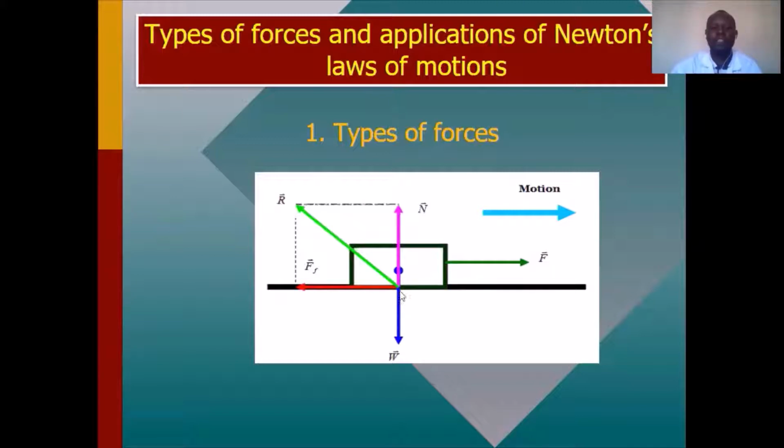The magnitude of weight is equal to mass times acceleration due to gravity. And the sum of the two reaction forces, normal and friction force, gives the total reaction force, R.